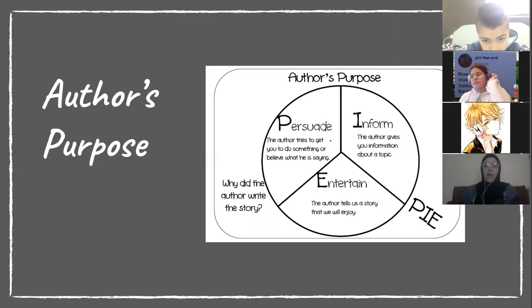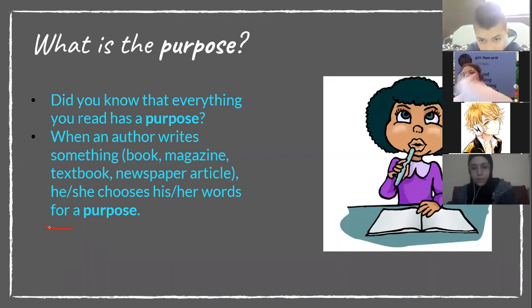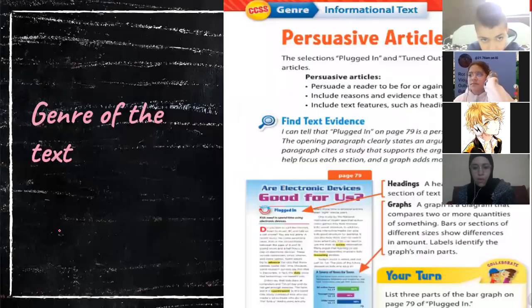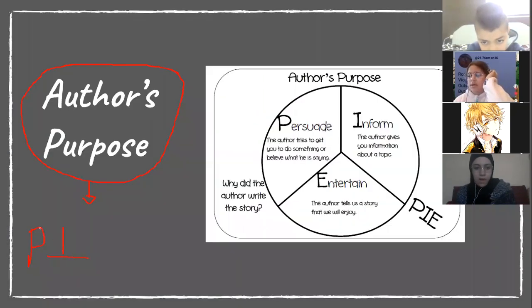Why? I want you to keep something in your mind before we start. When we say author's purpose, just remember the word pie. What must you remember? The word pie.